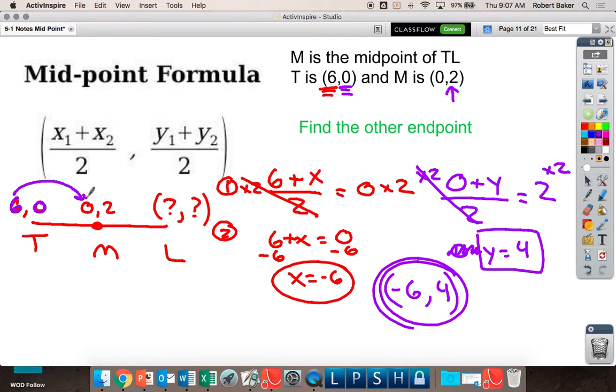So, what is 0 minus 6? Negative 6. So, I do minus 6 and then minus 6 again to keep it equidistant. How did I get from 0 to 2? Plus 2. So do it again. What's 2 plus 2?